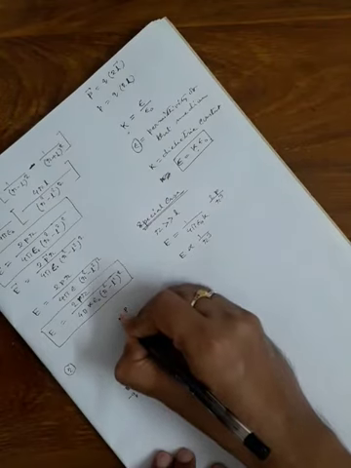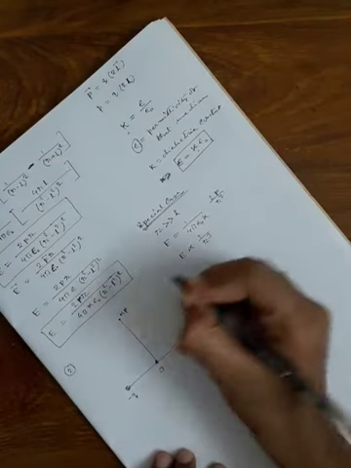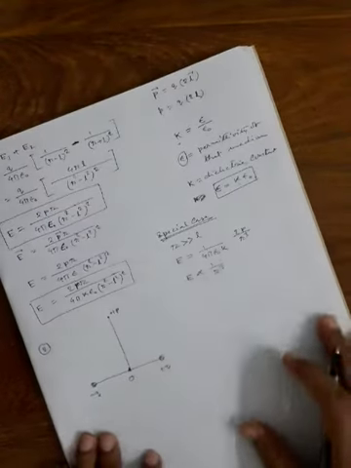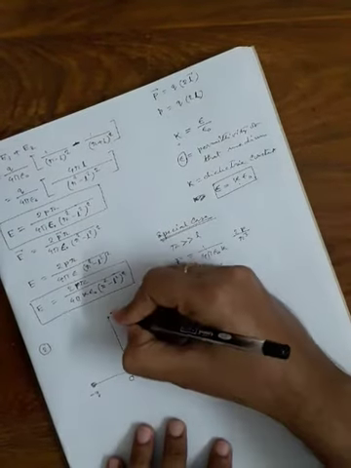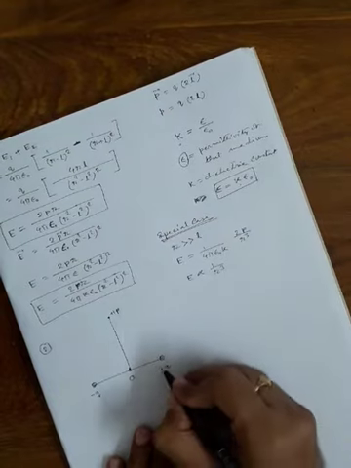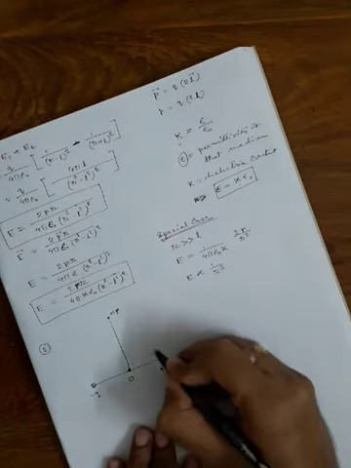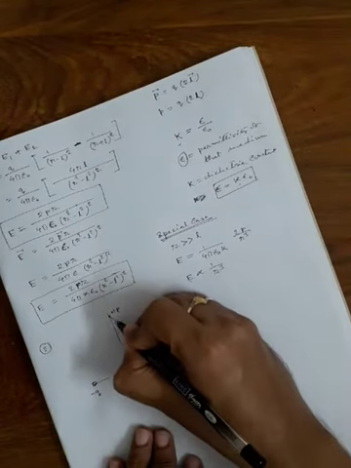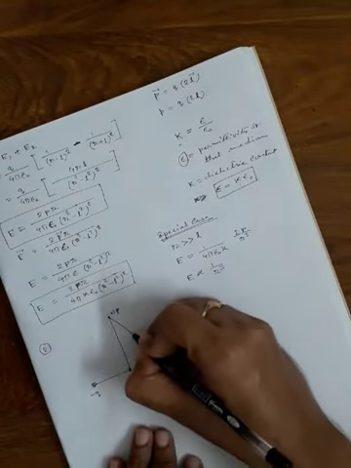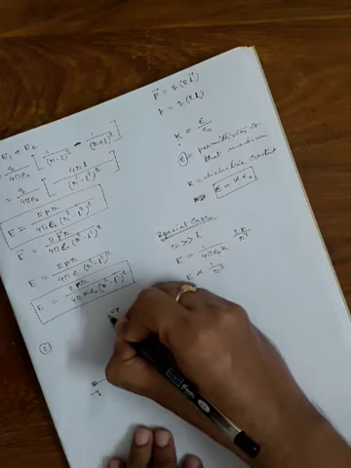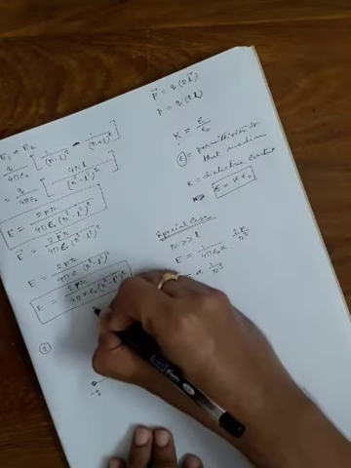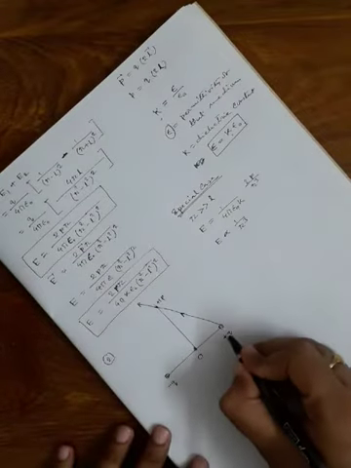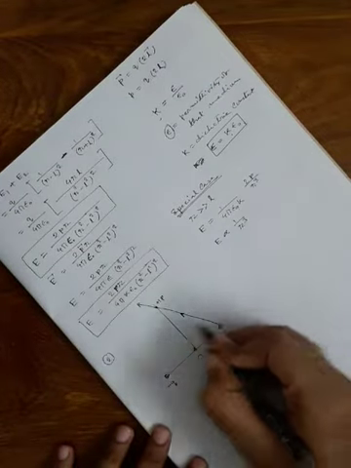Now, if we consider a unit positive charge, then this positive charge plus q will repel this unit positive charge along this direction, and this is the electric field due to this positive charge plus q.